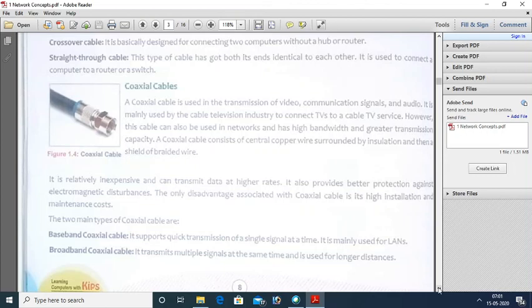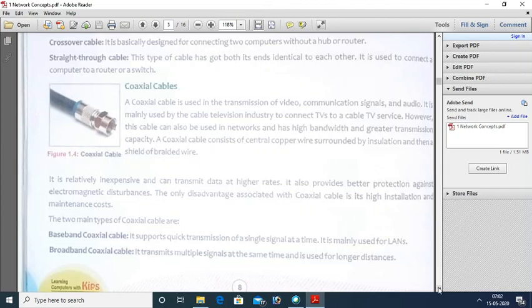It also provides better protection against electromagnetic disturbance. The only disadvantage associated with coaxial cable is its high installation and maintenance cost. The two main types of coaxial cable are baseband coaxial cable and broadband coaxial cable.